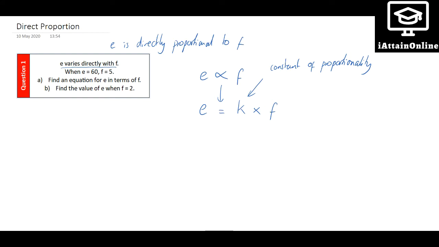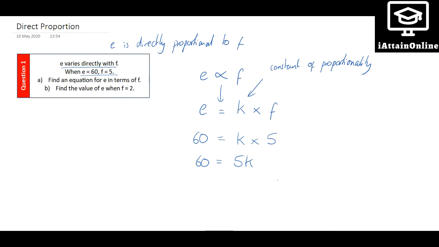So we are going to use the two values we have been given in the question to work out what that is. When E equals 60, and we still don't know what K is, that's what we're trying to find, multiplied by F, in this case 5, that means 60 has to be 5k. To find out what k is, I need to divide both sides of that equation by 5.